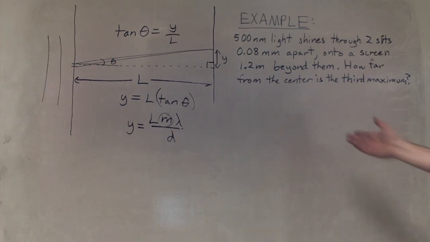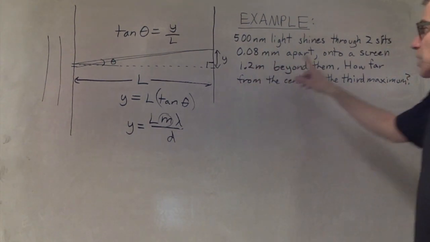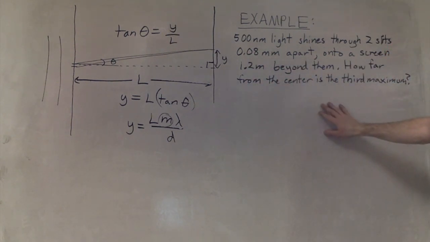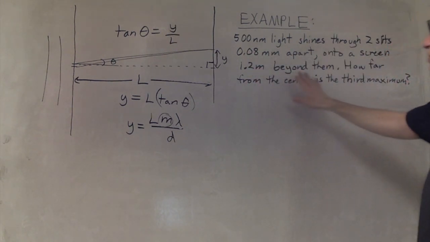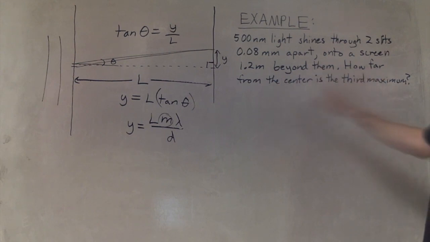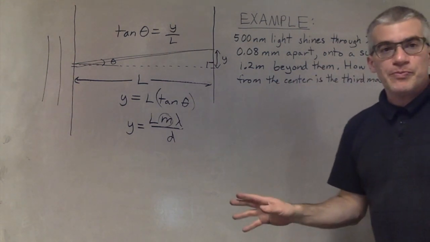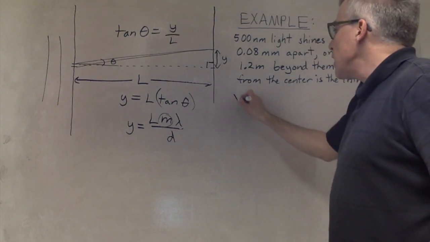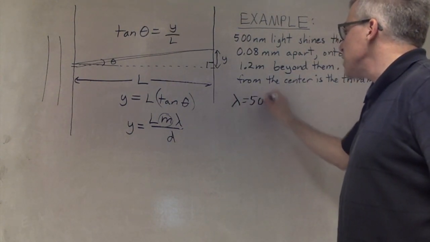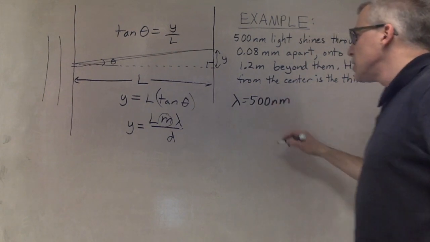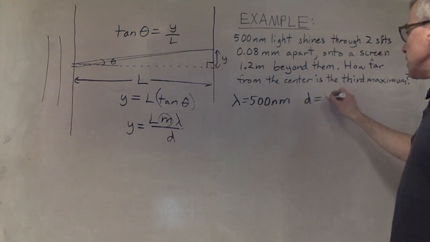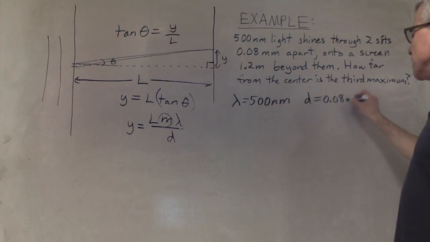An example. 500 nanometer light shines through 2 slits 0.08 millimeters apart onto a screen 1.2 meters beyond them. How far from the center is the third maximum? All right, identifying what we have. The wavelength is 500 nanometers. d, the separation of the 2 slits, is 0.08 millimeters.